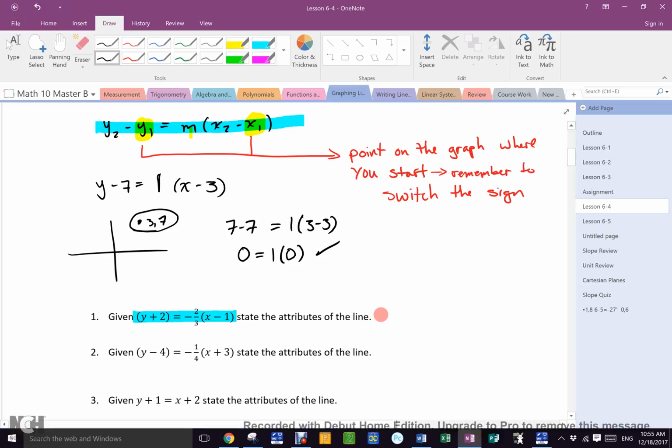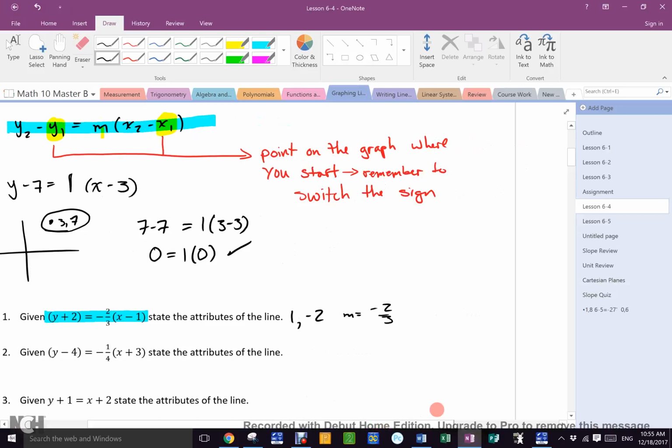So I start at 1, -2, and what's my slope? -2/3. So if I were going to graph it, what point would I go to? 1, -2, and then do what? Down 2, right 3, and up 2 and left 3.